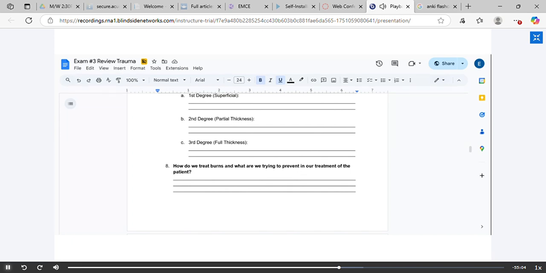What if you had a patient who has singed nose hairs, or maybe you open their mouth and you look in their mouth and they've got soot in their mouth, right?